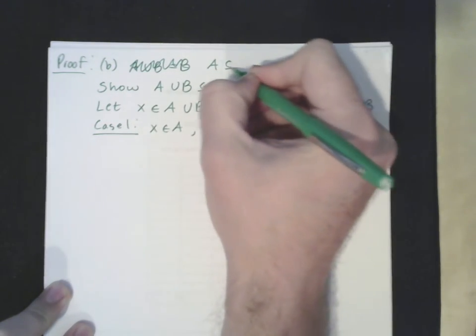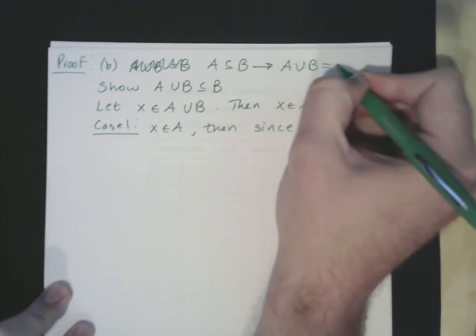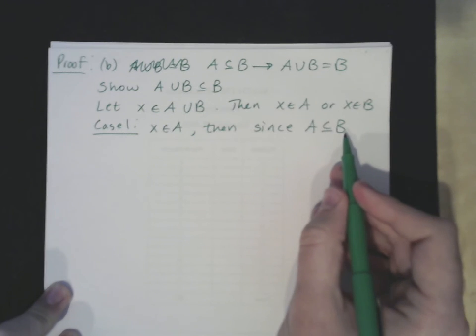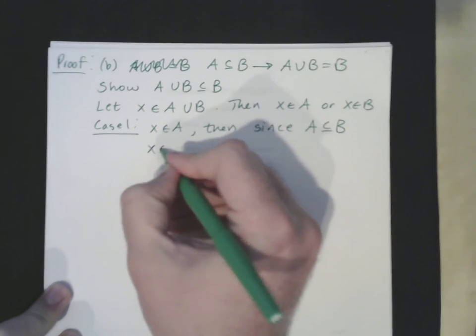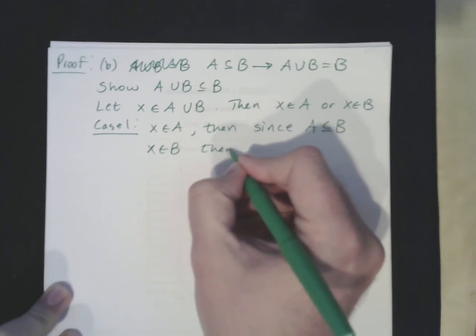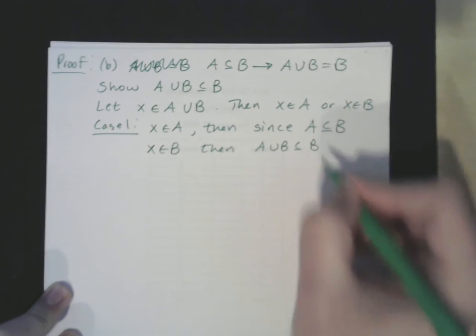We're showing A is a subset of B implies A union B equals B. So since A is a subset of B, X is in B. Well, then A union B is a subset of B.